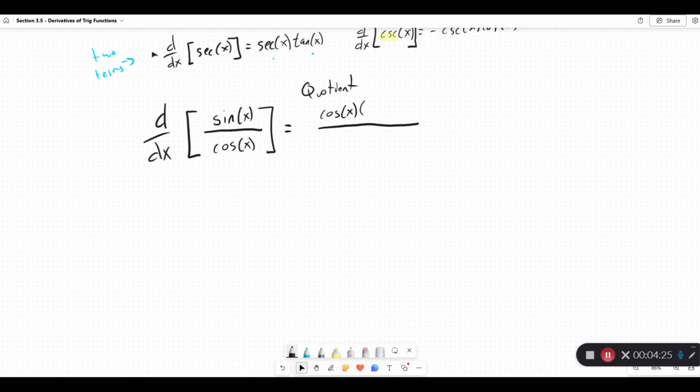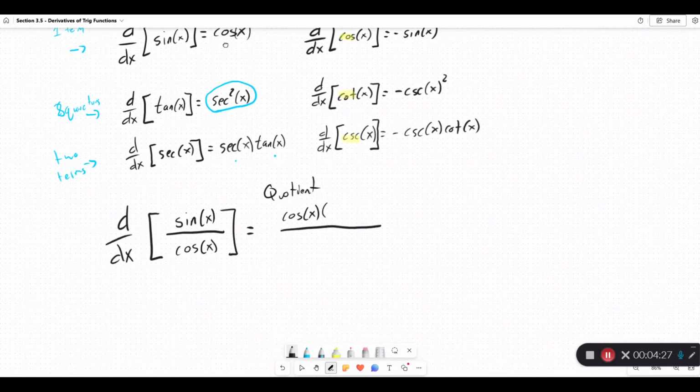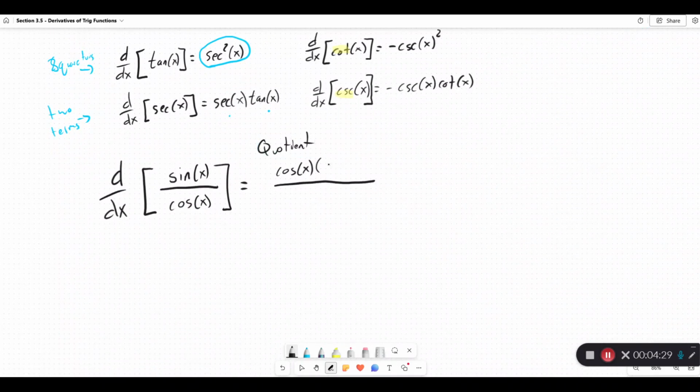What's the derivative of sine? Cosine. Minus the derivative of the bottom, negative sine, times the top, which is sine, all over the bottom squared.